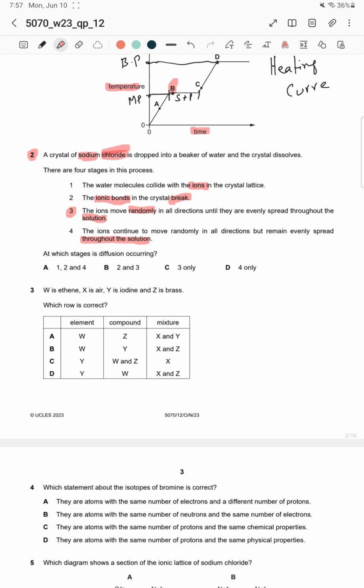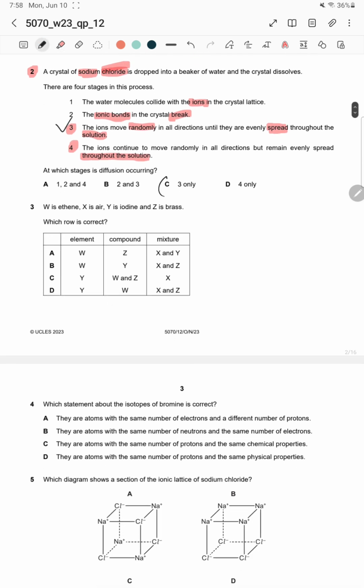So here the ions in the liquid, they will separate. So as they are being separated throughout the liquid, we will say that diffusion is occurring at stage 3, and in stage 4 they already have diffused, so there is no more process of diffusion in stage 4. So the correct option will be 3. So C should be the correct option to this question.